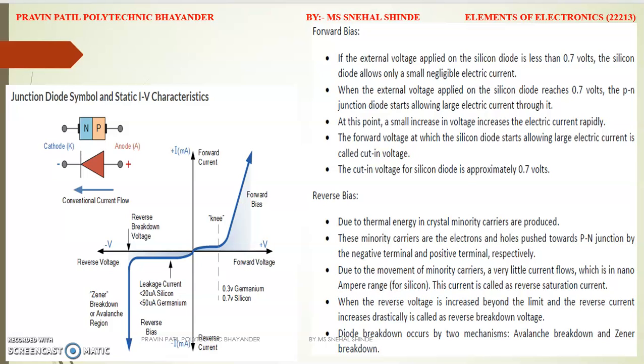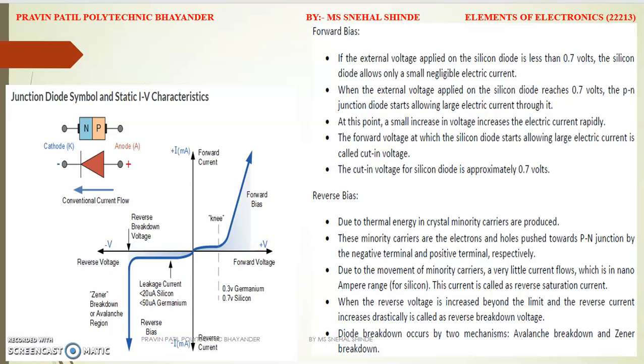In the forward bias region, if the external voltage applied on the silicon diode is less than 0.7 volts, the silicon diode allows only a small negligible electric current.